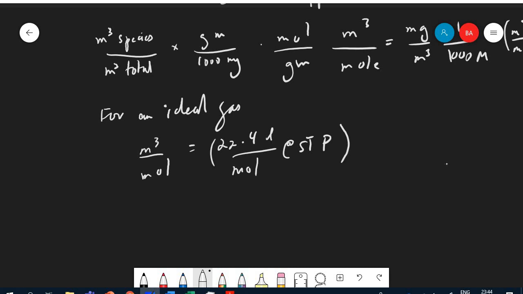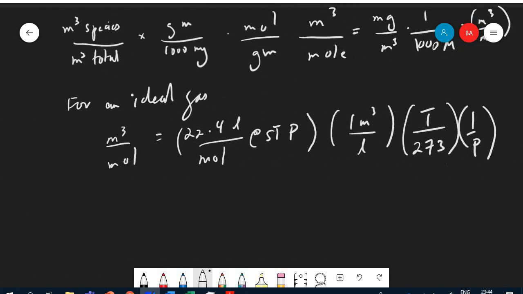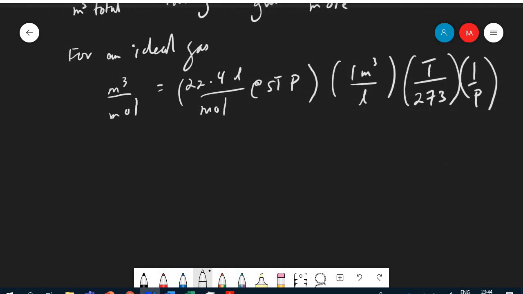And if you multiply this by 1 meter cube per 1,000 liters, and just for the ideal gas law, we are going to continue with the PV equals nRT equation. And what you're going to obtain here is the equation for meter cube per mole.